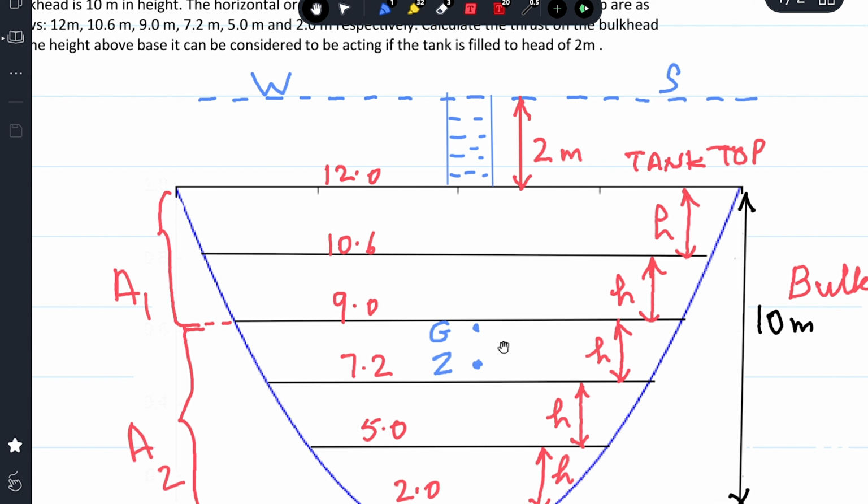Then you will have to get moment of inertia about water surface, again applying parallel axis theorem. So you will get the same answer, but it will be a little longer and a bit complicated. So the best thing in this situation, where horizontal ordinates are given, is to take the moments from the water surface.